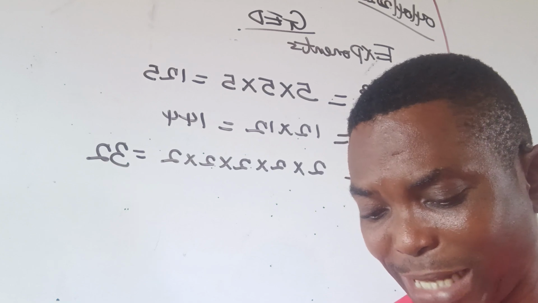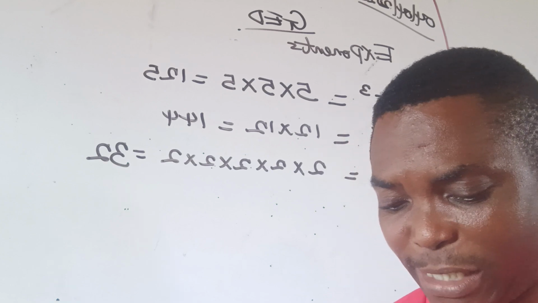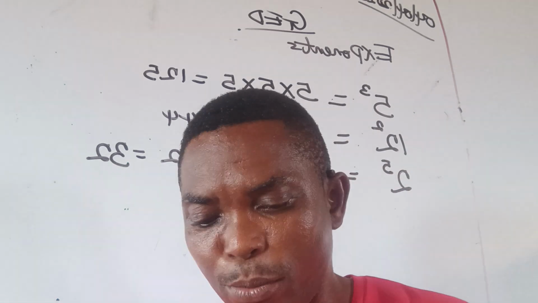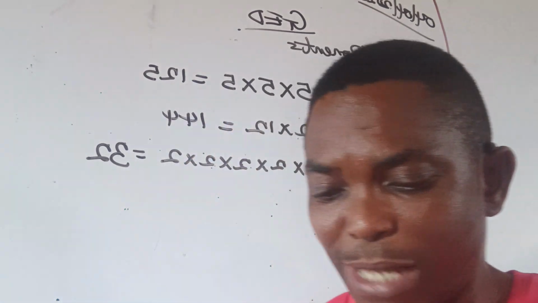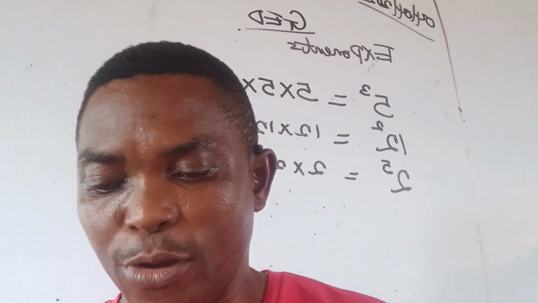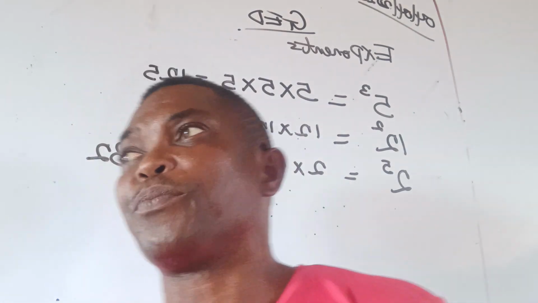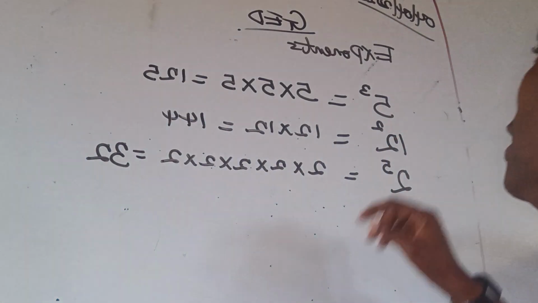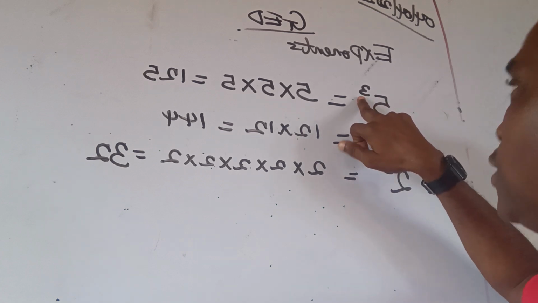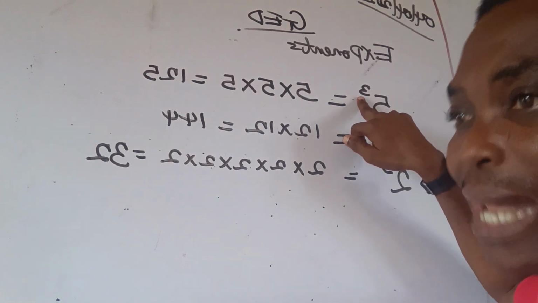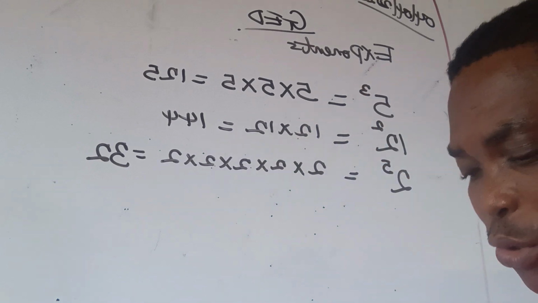Let's look at another study tip. Exponent: a raised number at the right of another number that tells how many times the number is to be used as a factor. See, 5 is being raised to the power of 3. It's just shedding more light on what you have just done.